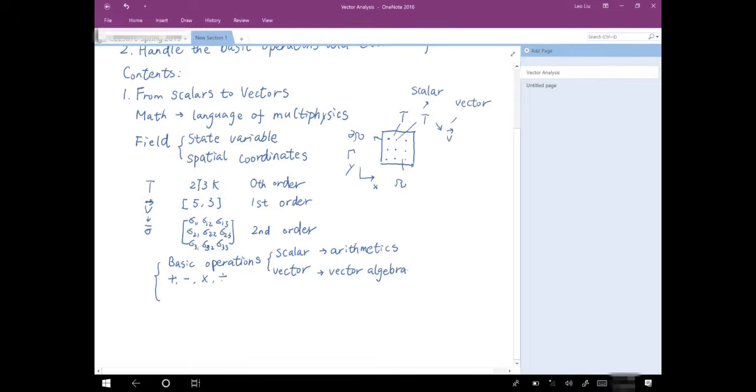What we learned in linear algebra is closely related to the vector algebra that I put down here. And for vector algebra, first you will have something called scalar multiplication.